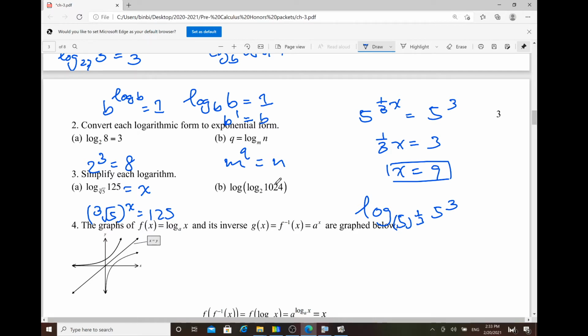For this one, if you try the first technique, it'd be kind of difficult because you need to set it equal to x. Again, if the base is not shown, it's always 10 for log. So what's log base 2 of 1024? 1024 can be written as 2 to the power of 10. So what we found here is log base 2 of 2.